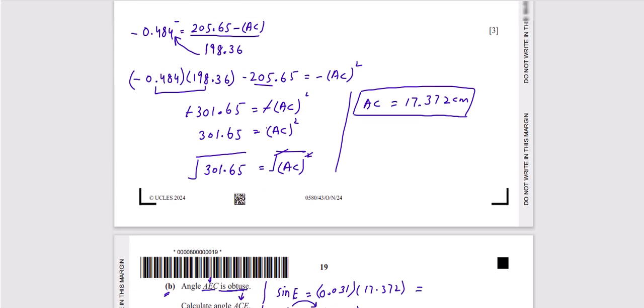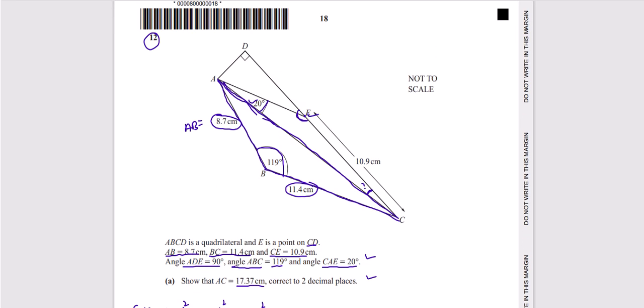Now we have to calculate the quadrilateral of A, B, C and D. In this diagram we have this value, we have this value and CE also, but now we do not have the sides AD and DE. So first of all we calculate these values, then we are able to calculate the perimeter of this quadrilateral.